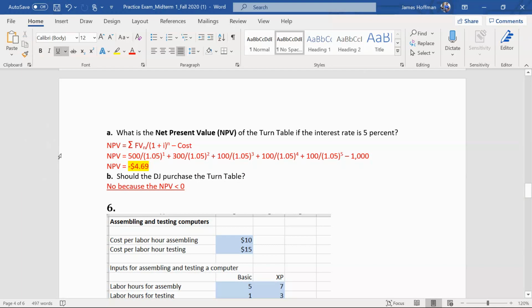Okay. So questions on this type of question where you sum up all the discounted payments and subtract the costs and determine if it's worth the investment?